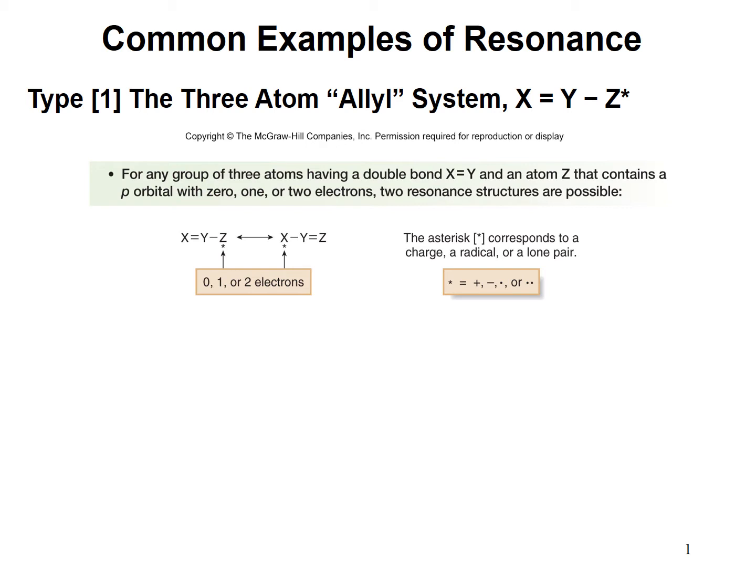What we see here is that we have movement of electron density that allows us to delocalize that charge, whether it be a carbocation, a carbanion, or a radical.